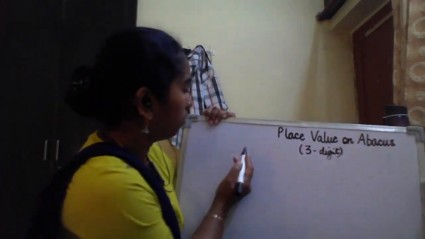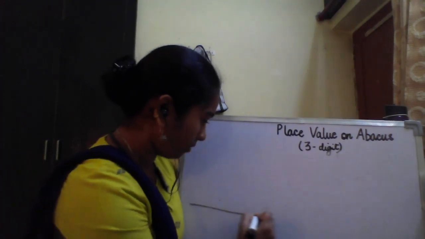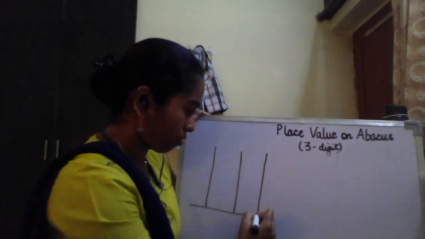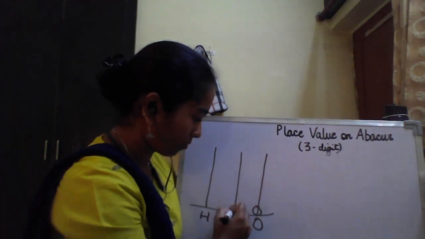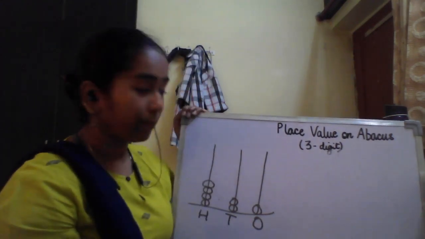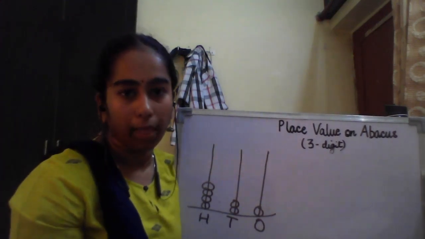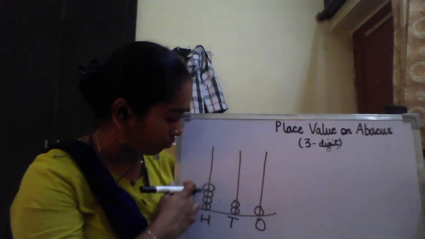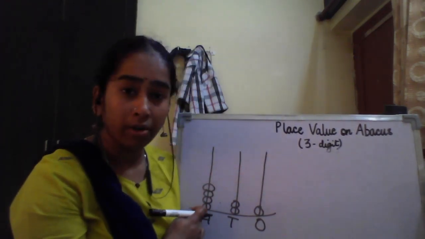Suppose I am given this on an abacus and I have to write the 3-digit number. Can you tell me what the number will be? We'll write under each place. How many beads are in hundreds?